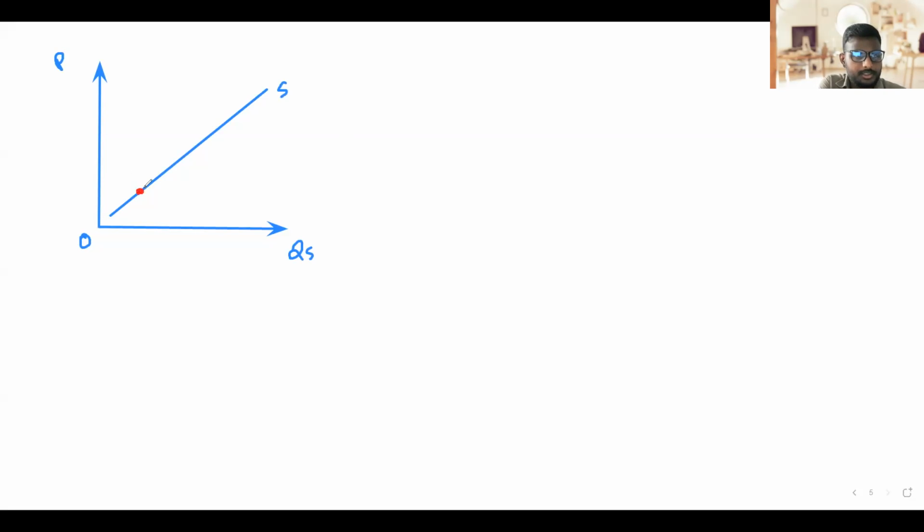If you take this point, you have a certain price and a quantity supplied. If you take another point, you can see the price has changed.